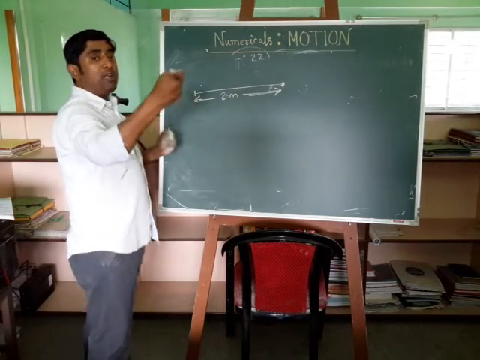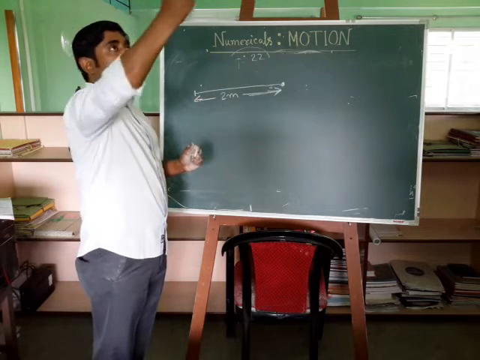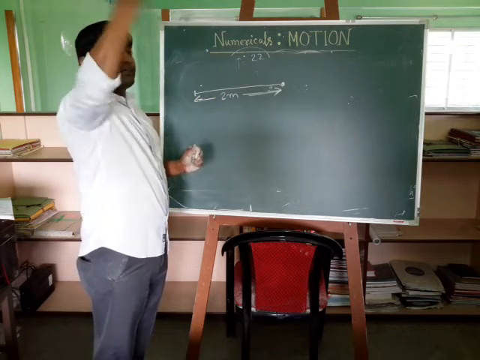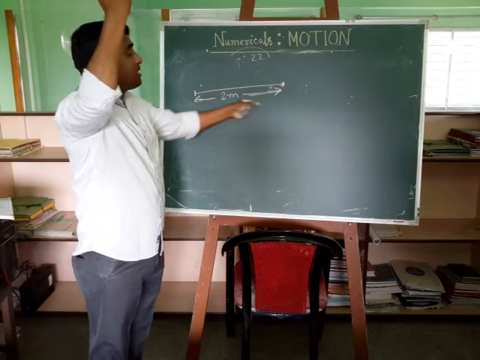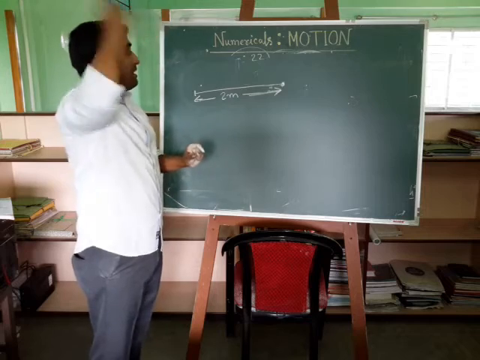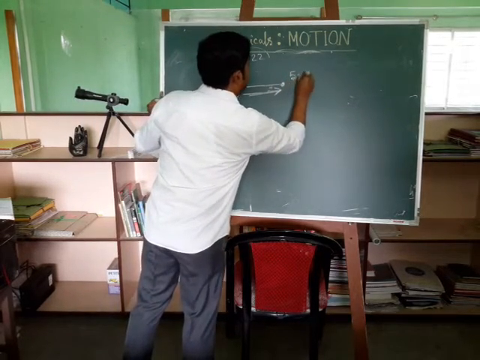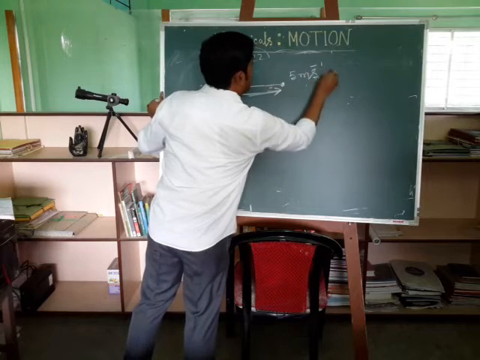You are holding that end with your finger and rotating it in a circular path. We all do that sometimes. We have done that in our childhood days. So a 2 meter long string or thread, you are tying a pebble or a stone, rotating that with a speed of 5 meters per second.